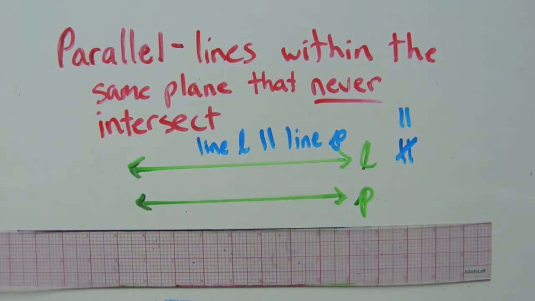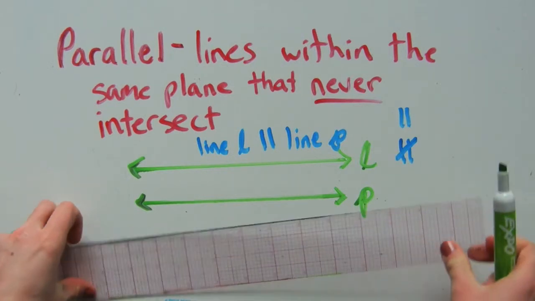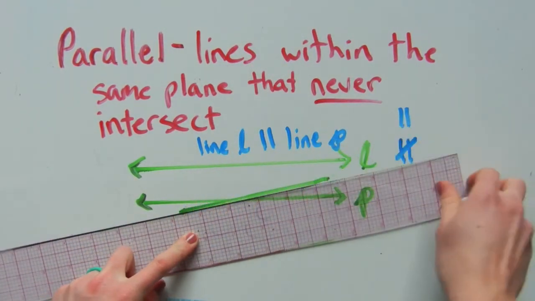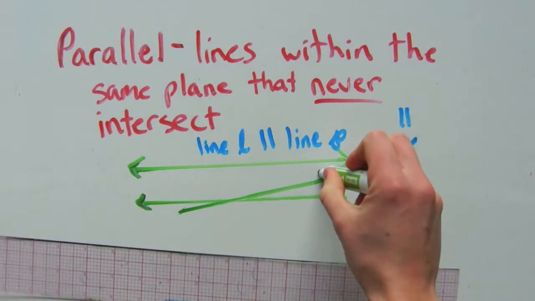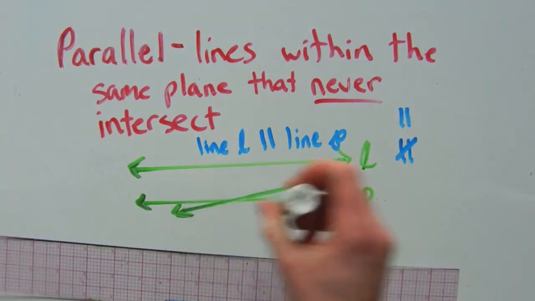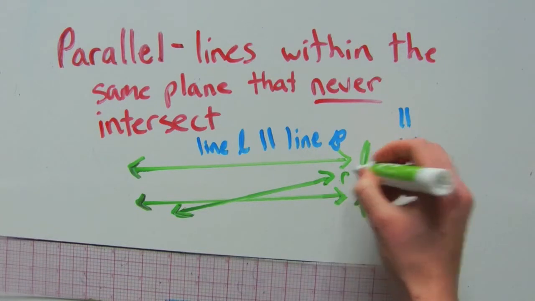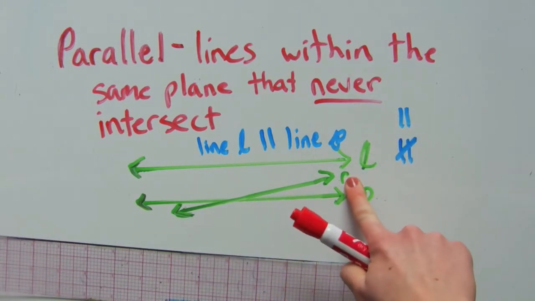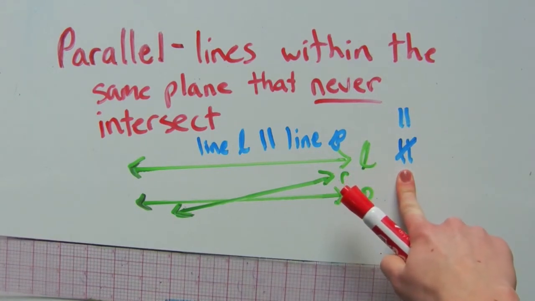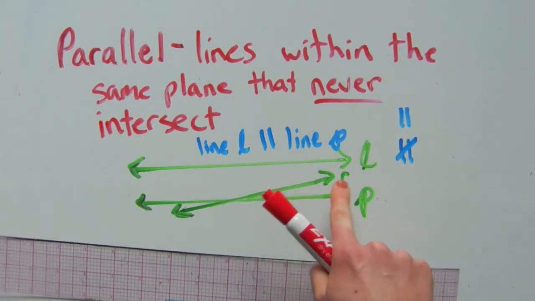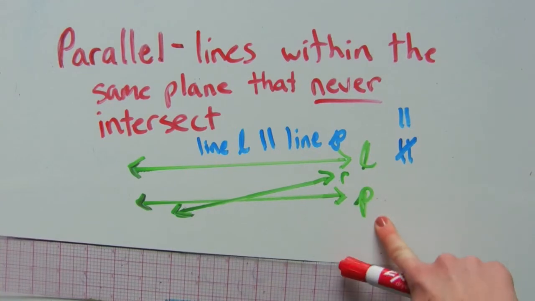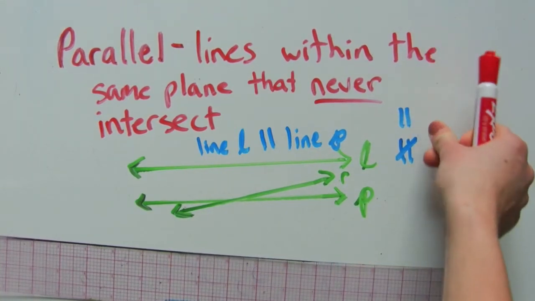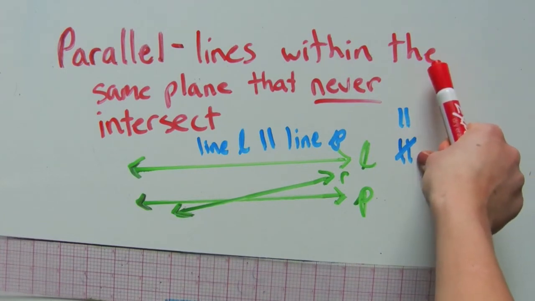So if I were to draw a line and let's call this line R, I can say that line R is not parallel to line L. Line R is also not parallel to line P. So this is the symbol for parallel, and this is read as is not parallel to.